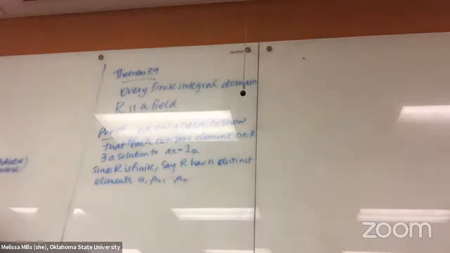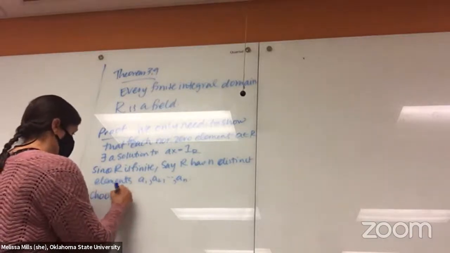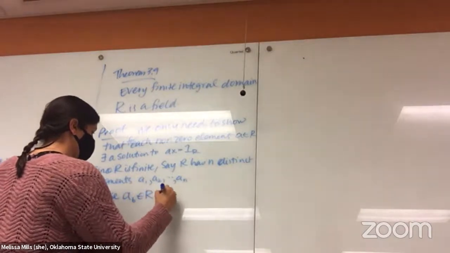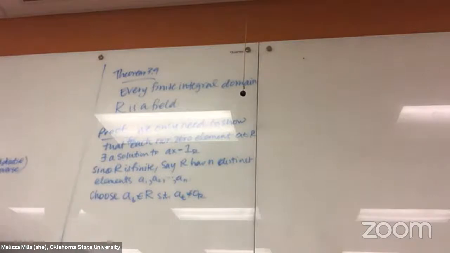So here are the elements, I have written them out and enumerated them. Now we're going to pick one of them that's non-zero. So we're going to choose AT in R such that AT is non-zero. This is going to be in general for any non-zero element. I'm just picking an arbitrary one, right?